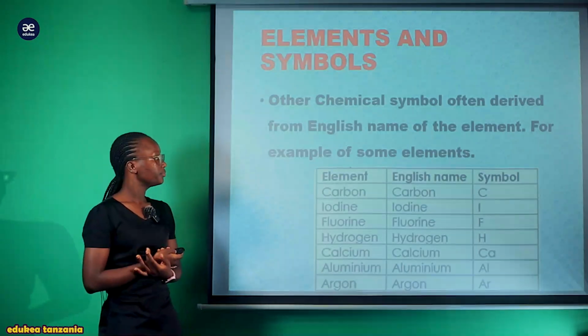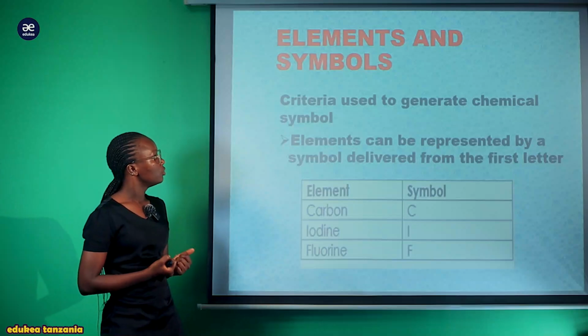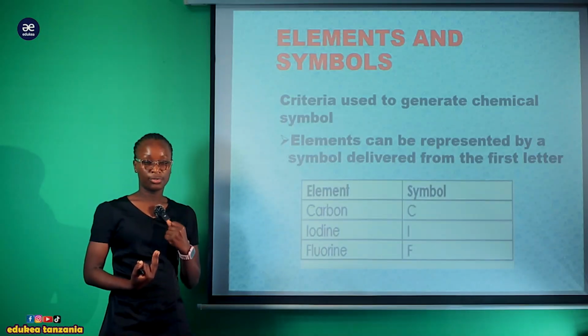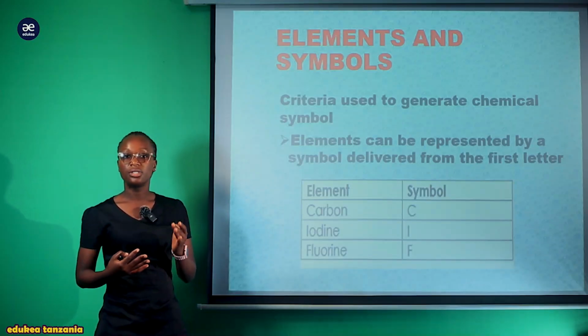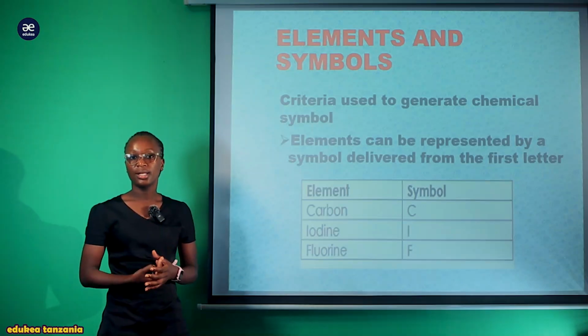Now let us see the main criteria used to generate the chemical symbol. Pale tulikuwa tunaona maana ya chemical symbol. Tumeona kwamba tunatumia English name and another tunatumia Latin or Greek name of the element.